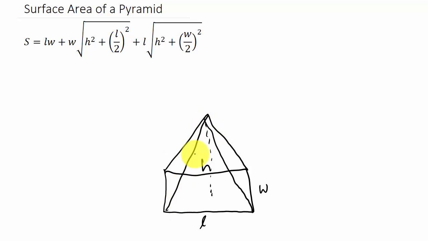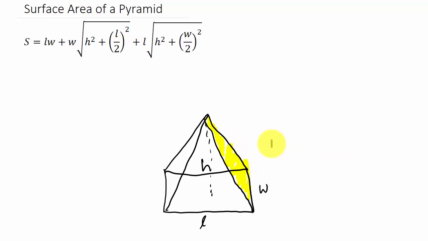You see the sides of the pyramid, all these four sides, they're just triangles. I know this isn't drawn very well, but I want to look at this side of the pyramid.